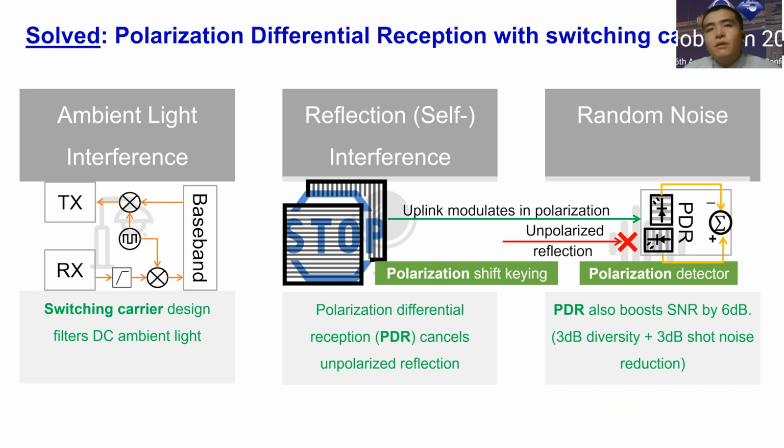Then we design a polarization differential reception scheme exploiting polarization modulating nature of liquid crystal. Such a scheme not only cancels unpolarized reflection interference, but also provides 6 dB gain of signal over the shot noise.